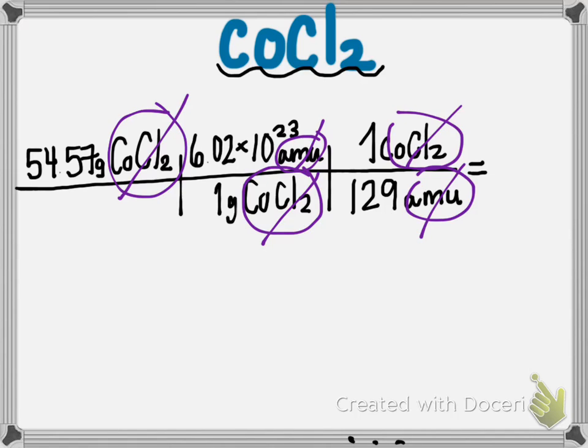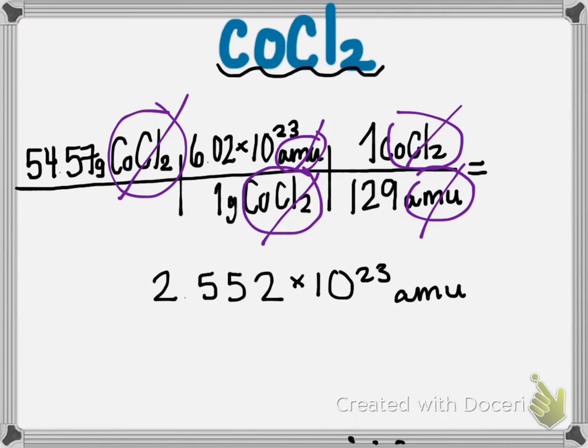You should get around 2.552 times 10 to the 23rd AMU CoCl2. It's very important to make sure you label all the units, because it's important to know what you're talking about.